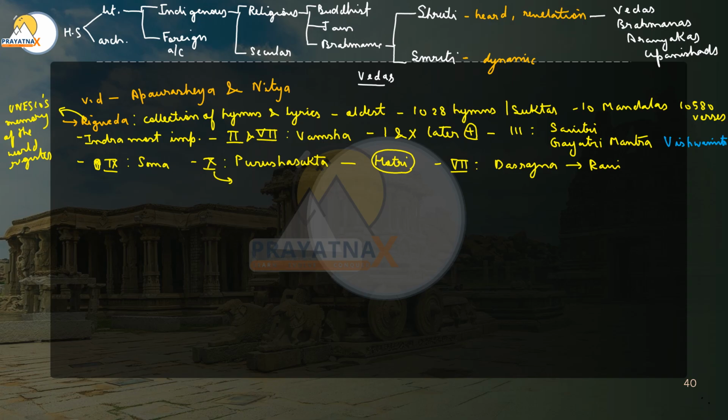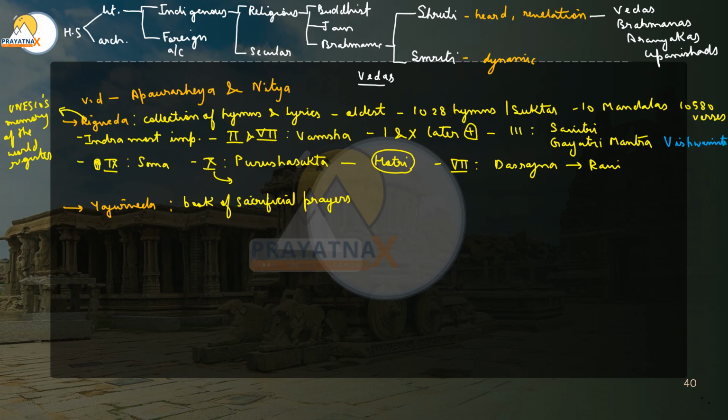Now, moving on to the next Veda, that would be Yajurveda, which was basically a book of sacrificial prayers. Now, it basically dealt with the performance of rituals, and it was basically a manual for performing the yajnas.